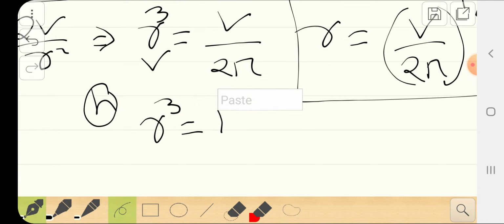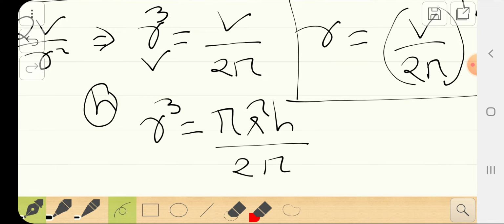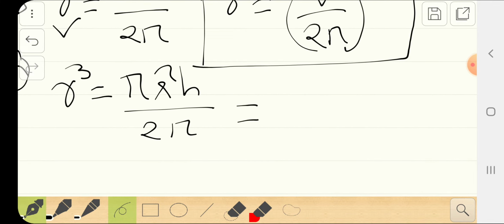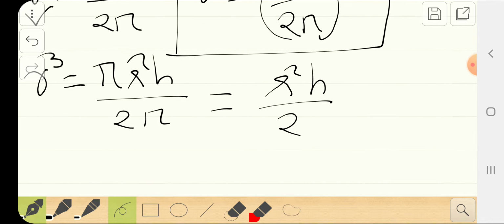So it's pi r square h by 2 pi, so that's equal to r square h by 2. Pi cancels. Now r is equal to, so r square, these are the same.